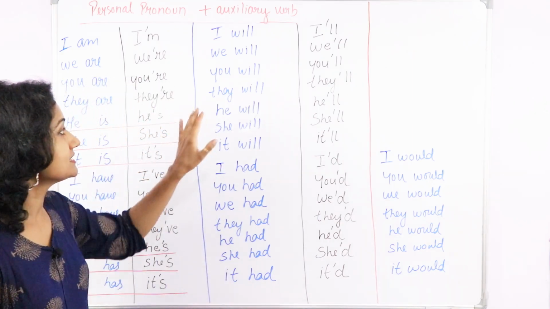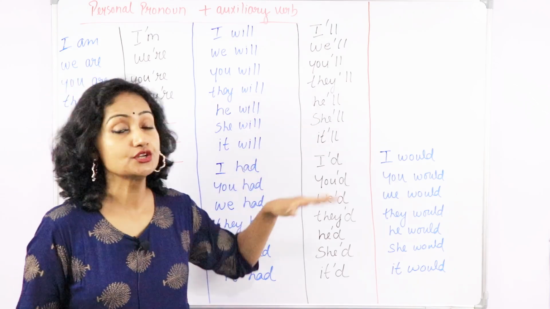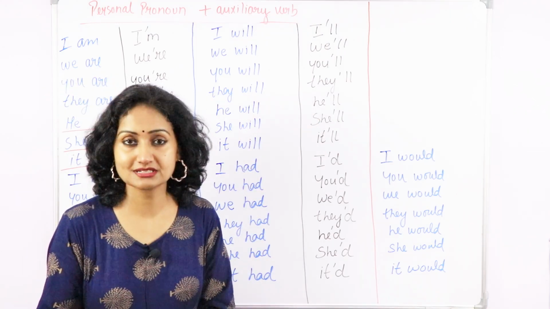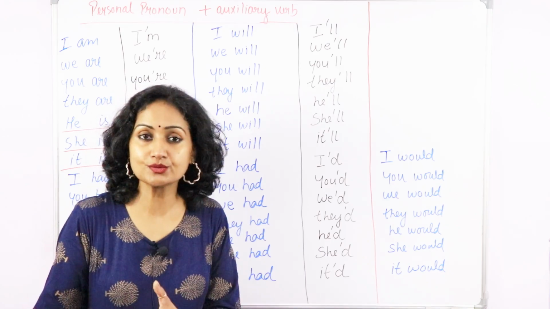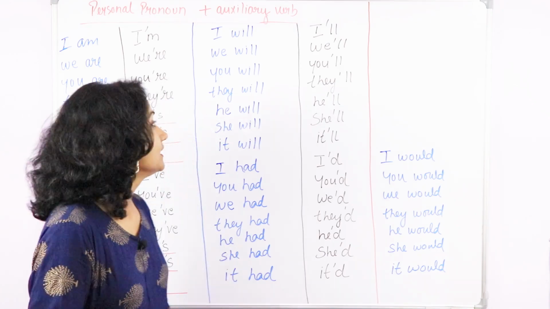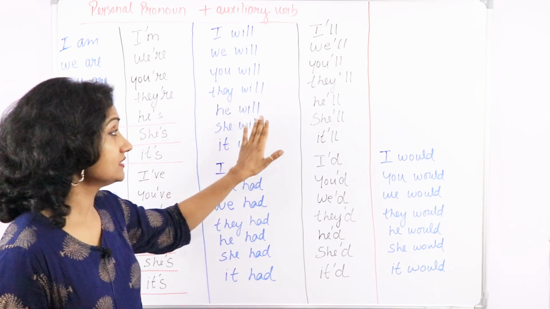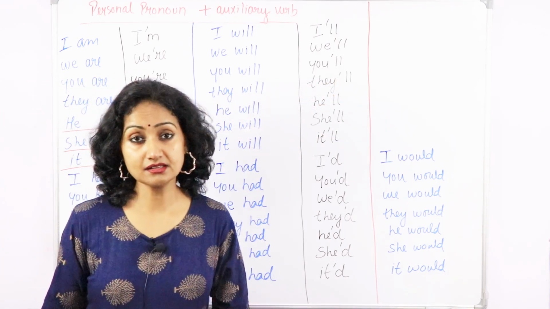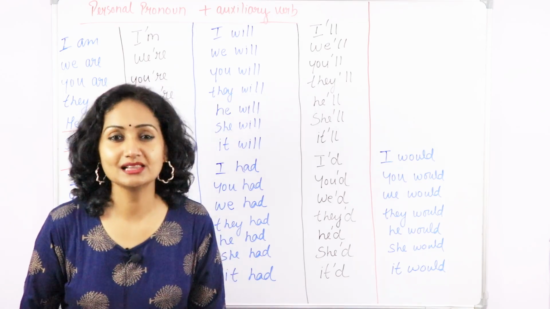Next is you will becomes you'll. It's your work and you'll do it. Next is they will becomes they'll, they apostrophe double L. They will meet you, they'll meet you.